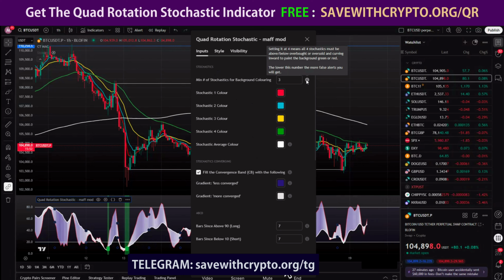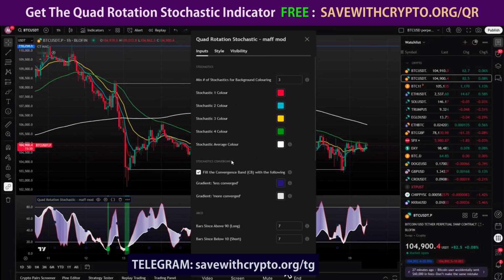Just tells you a bit about that. So like the lower that number, the more false alerts you'll get. Obviously that goes up to 4 because it's for the 4 stochastics. In terms of the averages, the averaged out number, nice color. As it says, heavily weighted towards stochastic 4.